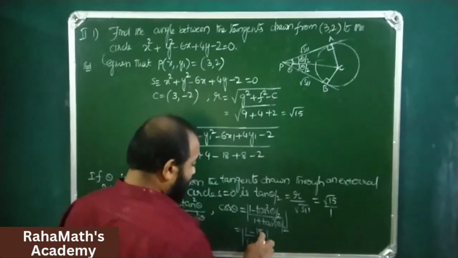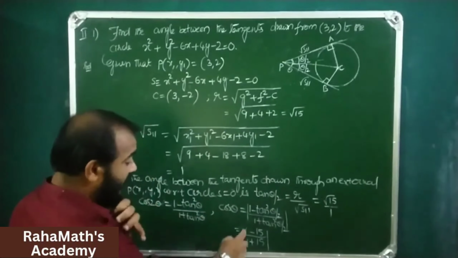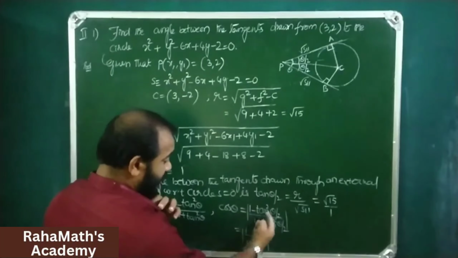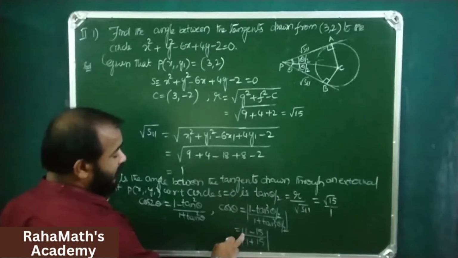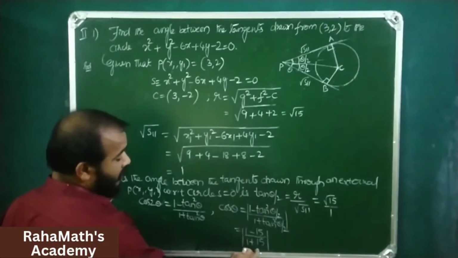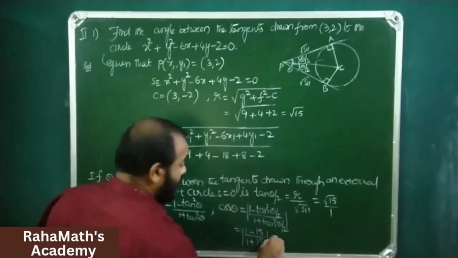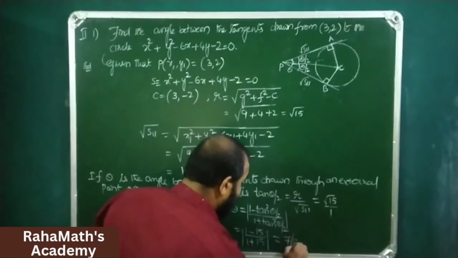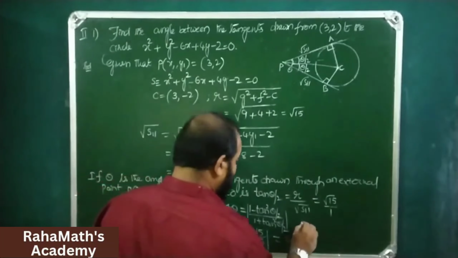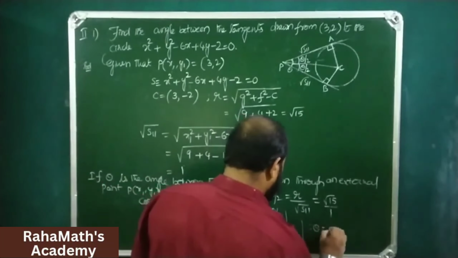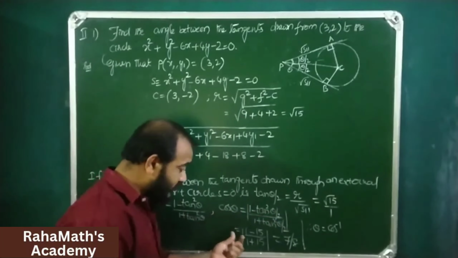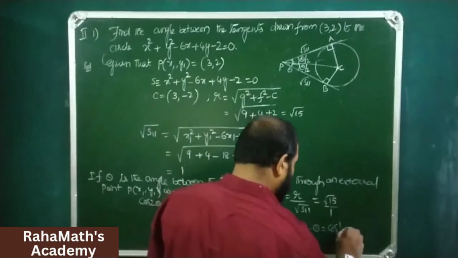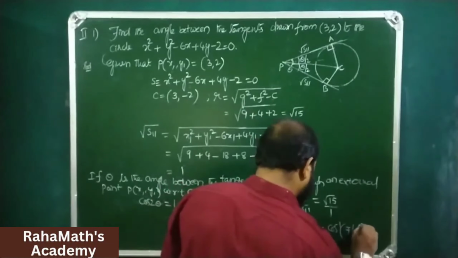So 1 minus 15, if theta is the acute angle, taking the modulus, is 14 by 16. So this is 7 by 8, cos theta. So therefore, theta is equal to cos inverse 7 by 8.